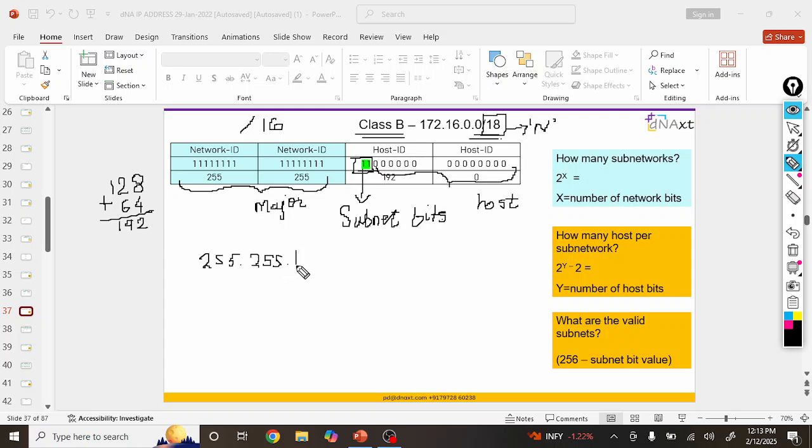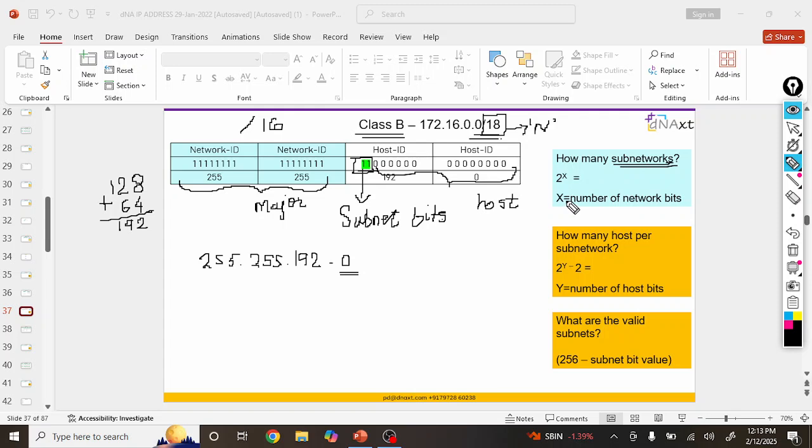So in the third octet the value of the subnet mask will be 192, and in the fourth octet, since all bits are 0, the value is 0. So the subnet mask is 255.255.192.0.